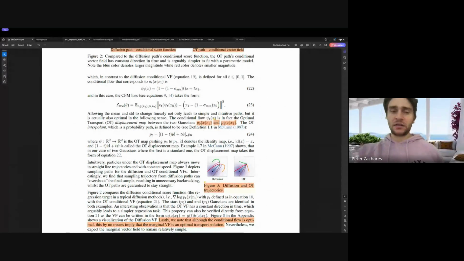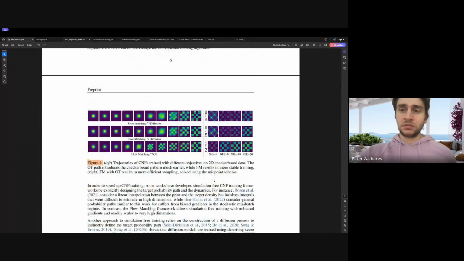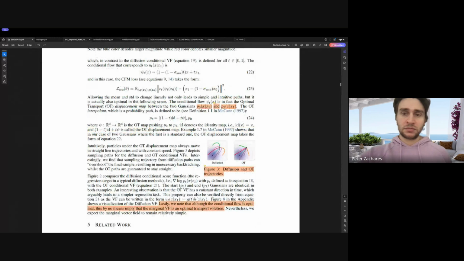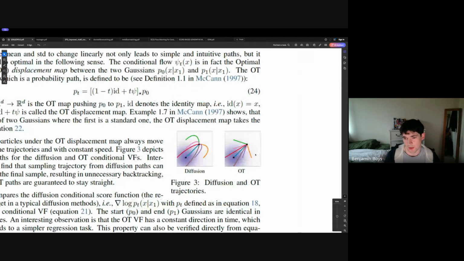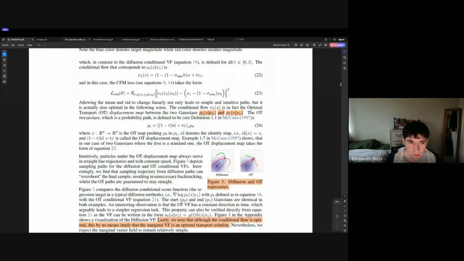Does that mean that at inference time the paths aren't straight if you're using optimal transport? So these paths are straight lines between these conditional distributions. So it's only the optimal transport between two conditional Gaussians.